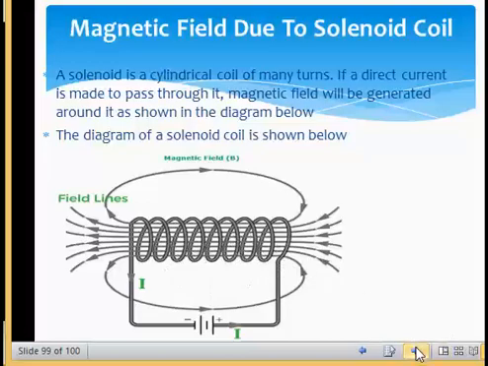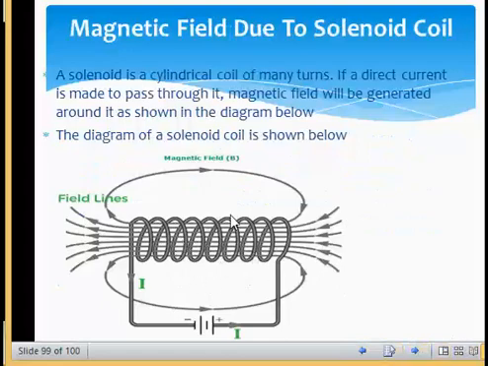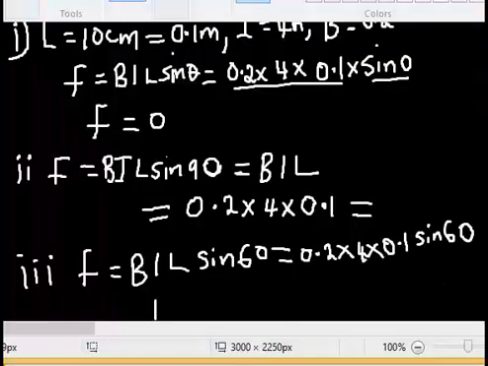Now the question is how do we actually evaluate the magnetic field? It's actually an advanced topic, but I will still give you the formula.